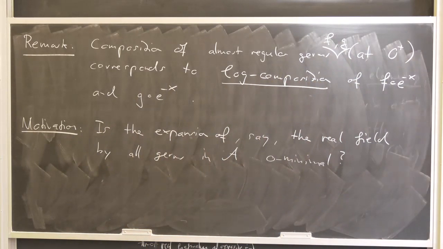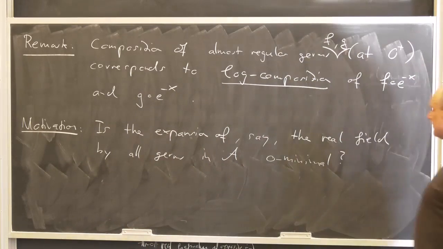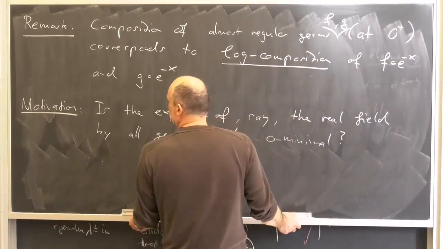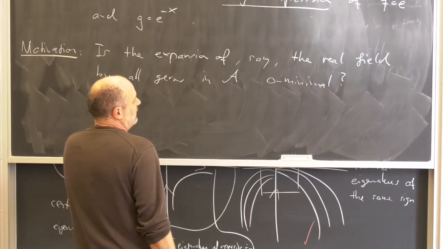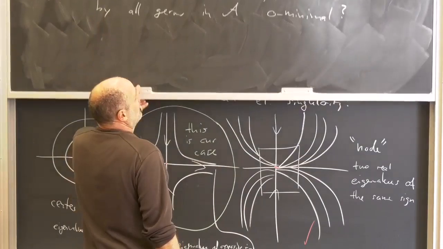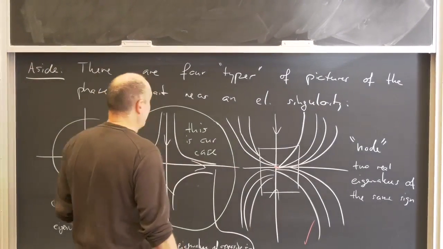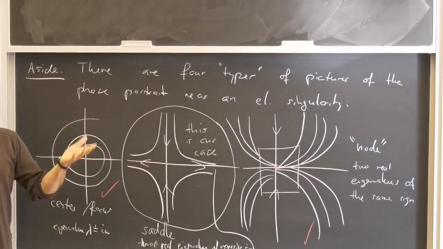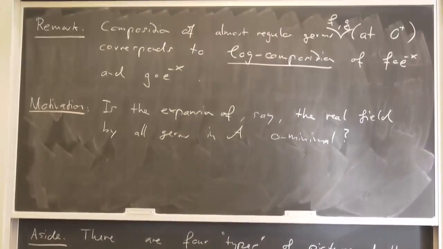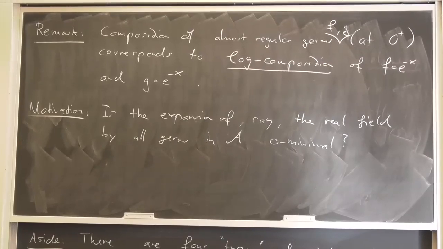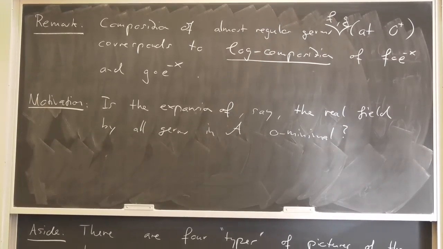Now I'm wondering, is it possible that they generate an o-minimal structure? Trying to answer this question, we have various techniques now for proving o-minimality. Most of them include things like quasi-analytic classes.